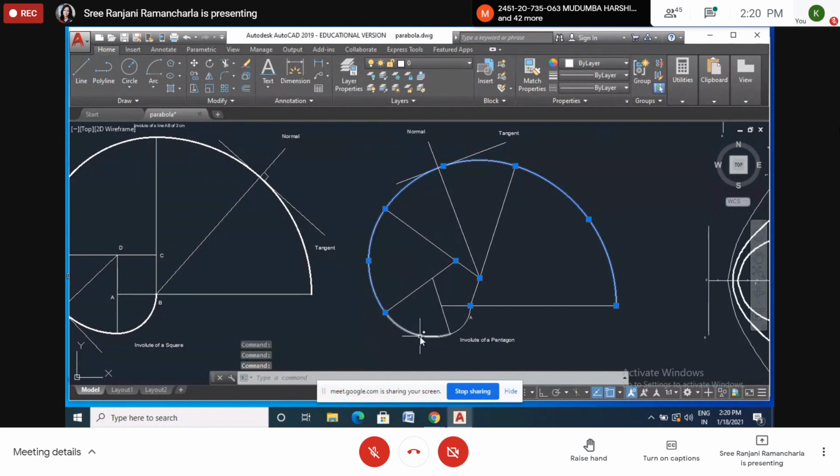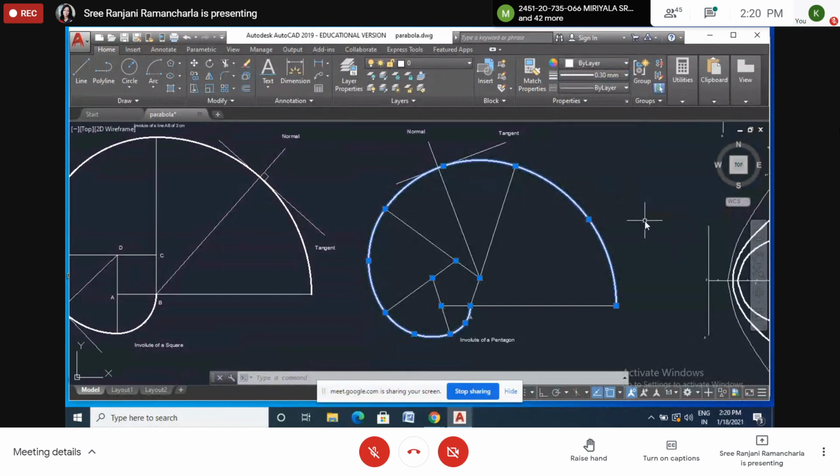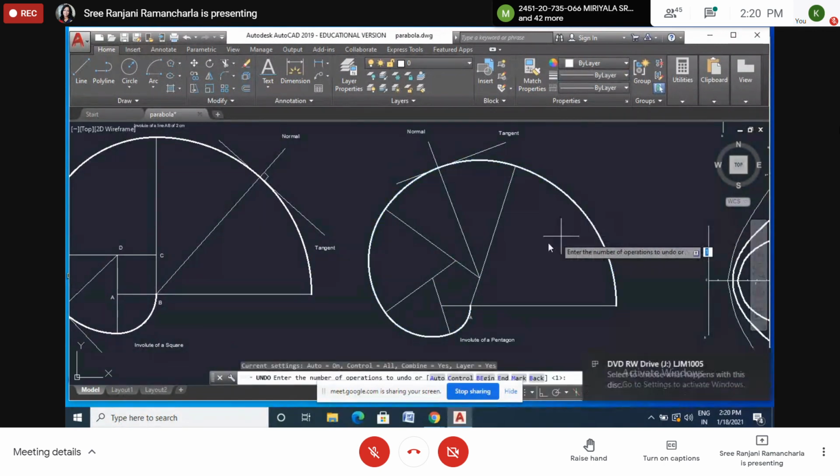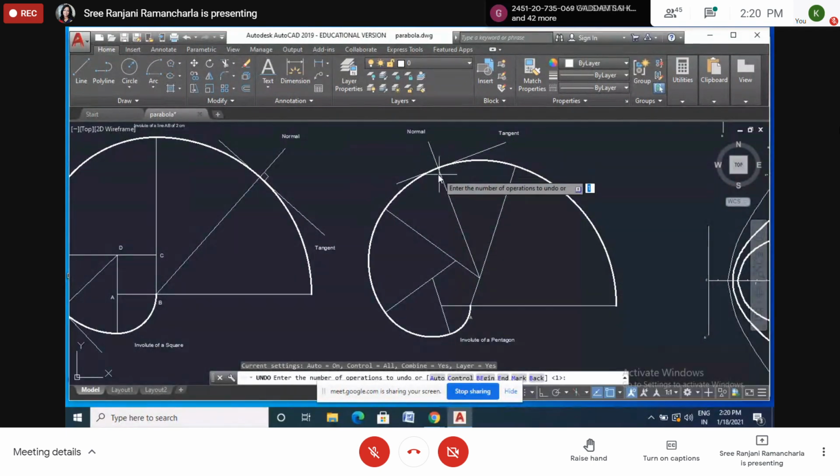After drawing this, how to draw the normal and tangent? Same as previous, the way we had drawn. I have shown only twice. Within this, I have taken the point P and joined P to the center. For each of these curves, this is the center.